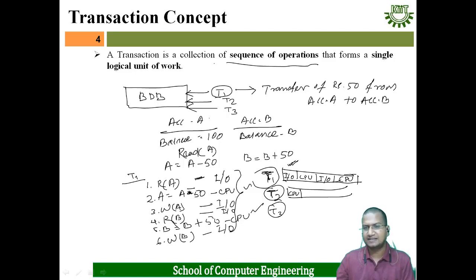Suppose the CPU is busy, then the operation is idle and not doing anything. After that, when it requires the CPU, it can execute. In this way, multiple transactions can be concurrently executed to enhance the efficiency of the CPU. That's why concurrent execution is needed.